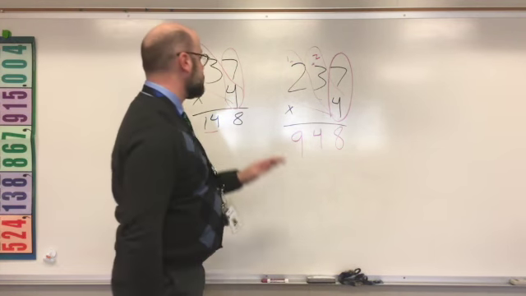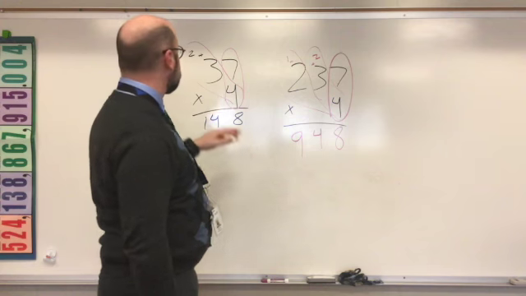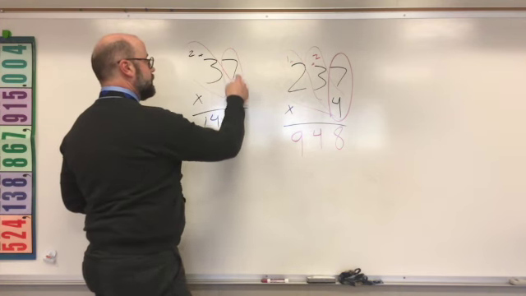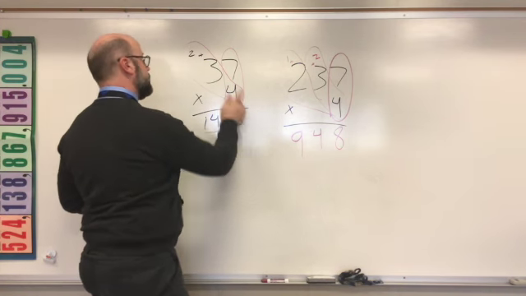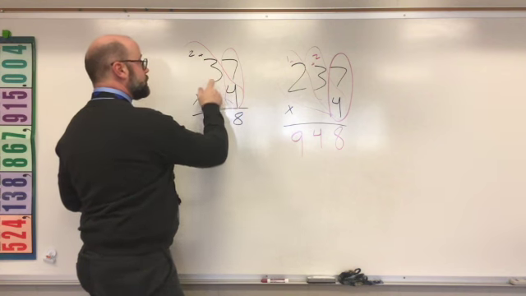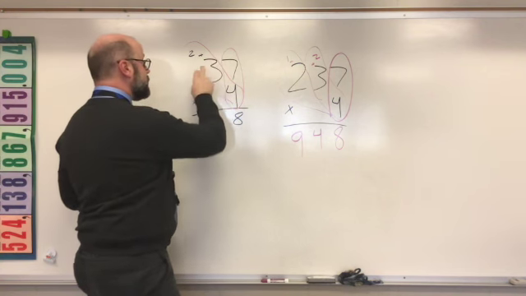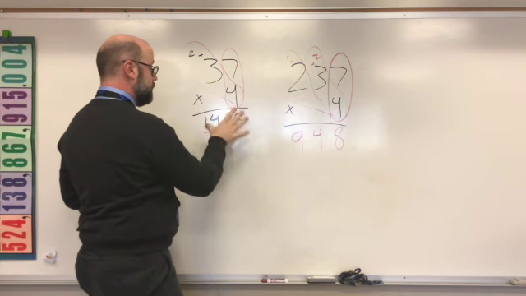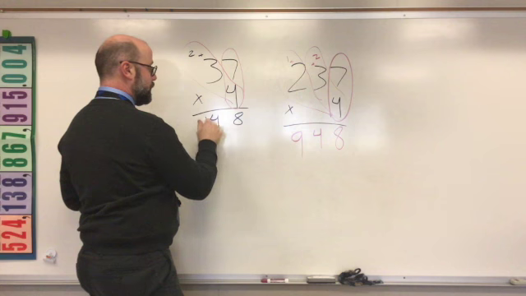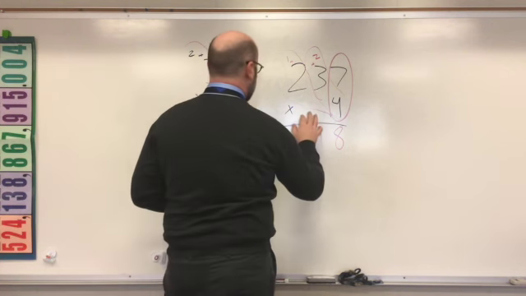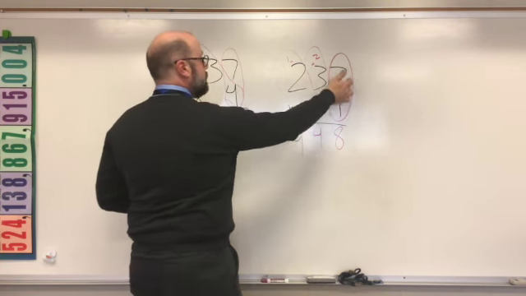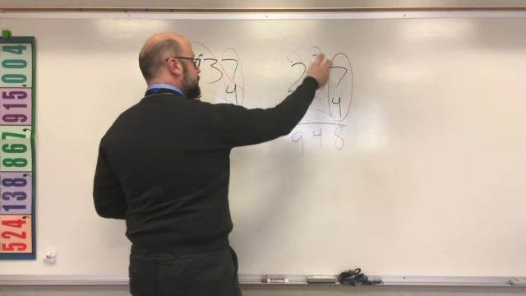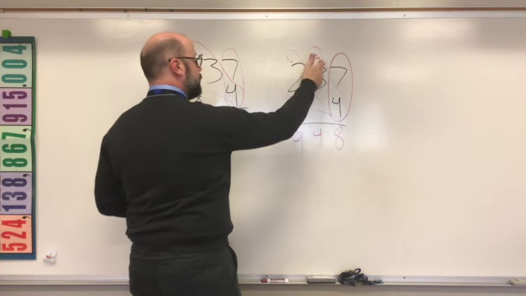It's literally just extending the process. Like I said, over here we did 4 times 7, which is 28, put the 8 down, carry the 2. 4 times 3 is 12, plus the 2 we carried over. There's no more numbers to multiply after that 3. So we write that final sum down to get our final product, 148. What's different over here is we did 4 times 7 is 28, 8 down, carry the 2. 4 times 3 is 12, plus 2 is 14.